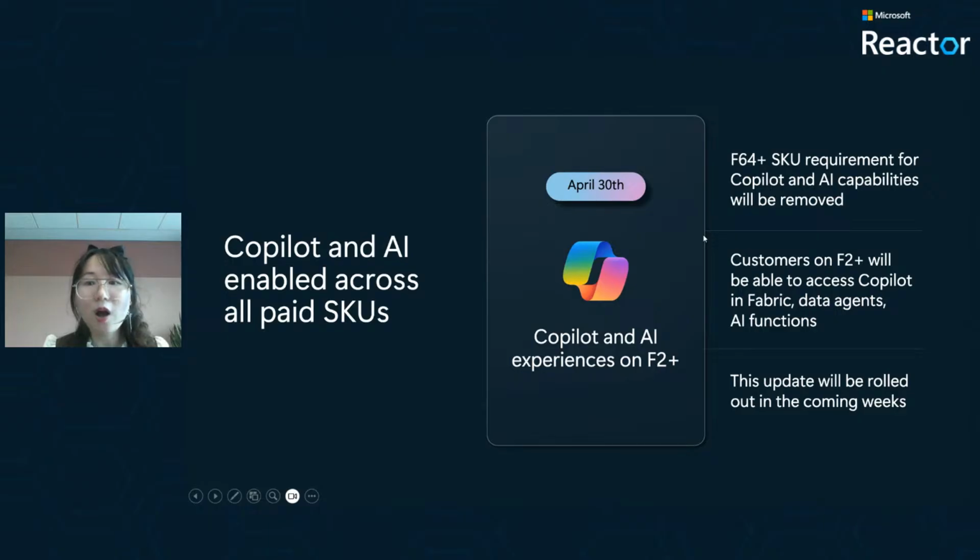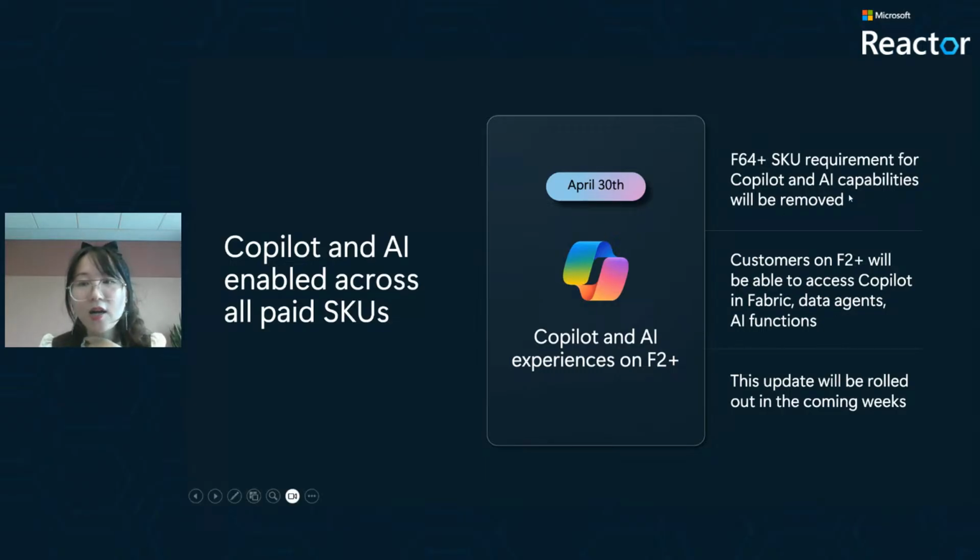Previously, we always heard feedback from customers that the entry requirement for using Fabric Copilot is so high, because it requires an F64 plus SKU. That means F64 costs about $8,000 per month.